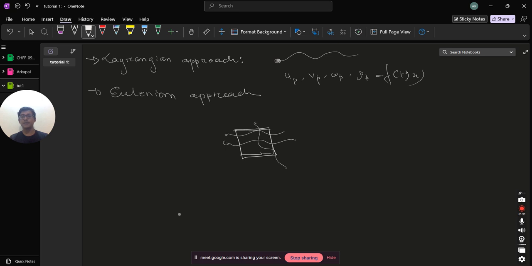We are only concerned about the closed volume that we are focusing on. So we will not be considering all the fluid particles that are entering or leaving, but we will only consider the things that go in and come out.